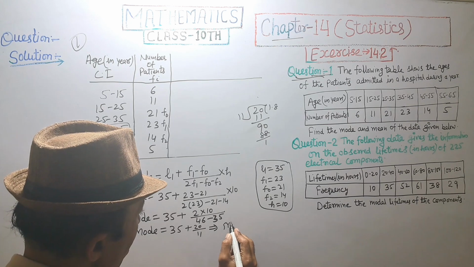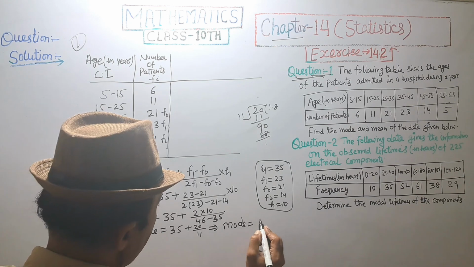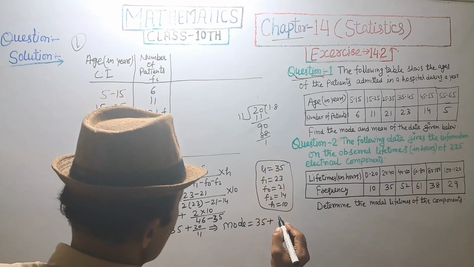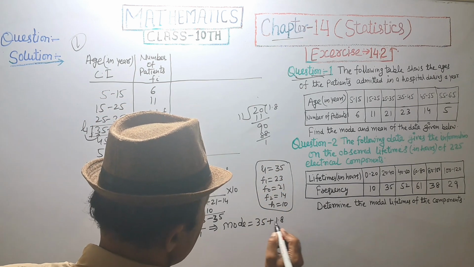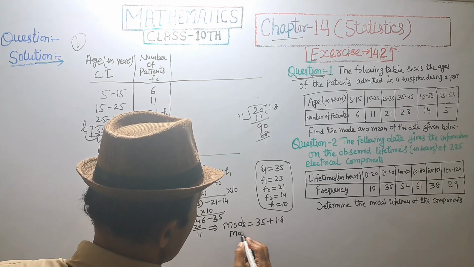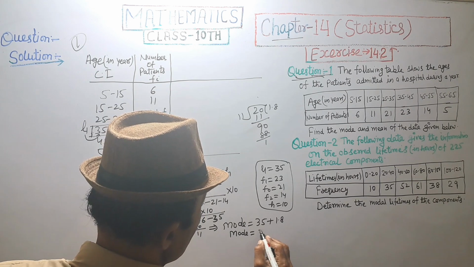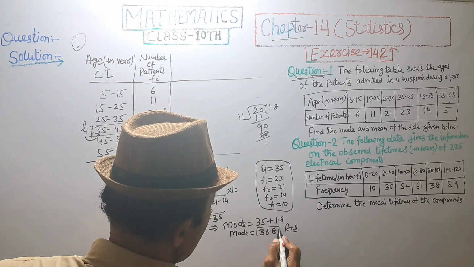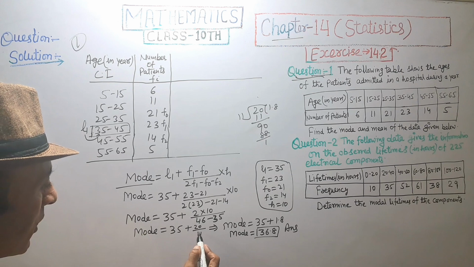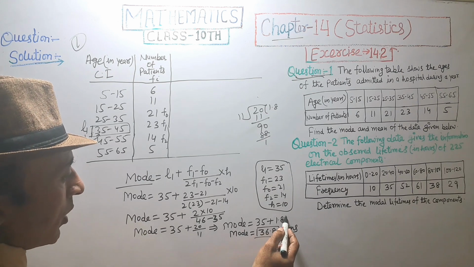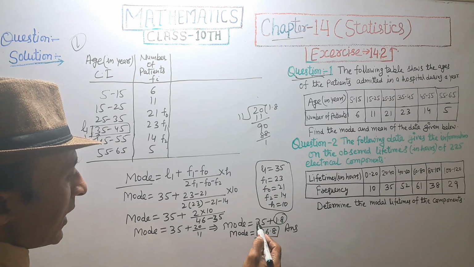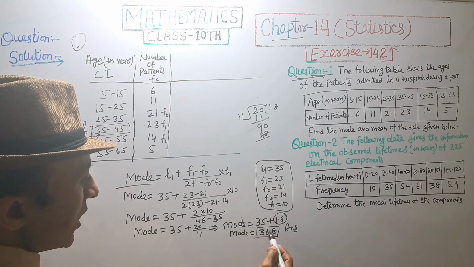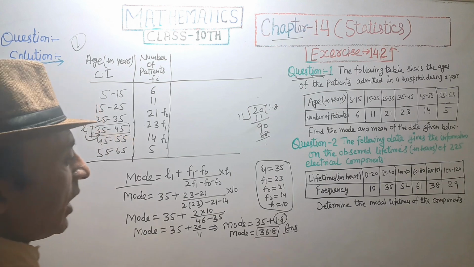This implies mode is equal to 35 plus 1.8, so mode is equal to 36.8, answer. 20 divided by 11 is equal to 1.8, and 35 plus 1.8 is equal to 36.8, answer.